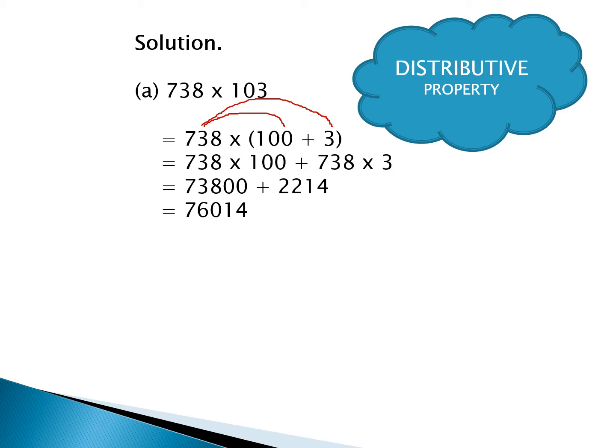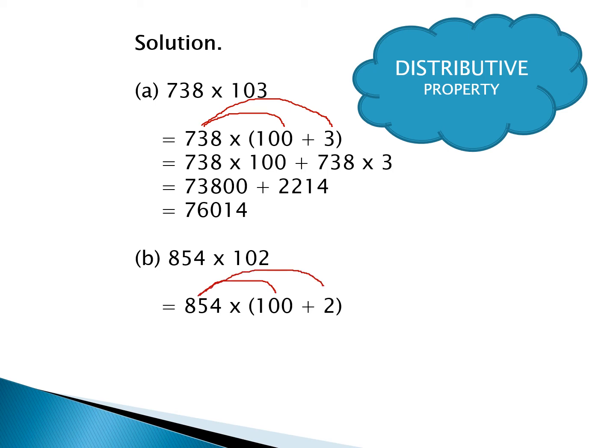So now let's move on to the B part. 854 multiply 102. So we will break 102 into two parts. 100 plus 2. So the question can be written as 854 multiply bracket 100 plus 2. As we have done earlier, we will multiply 854 by 100, then plus 854 multiply 2.